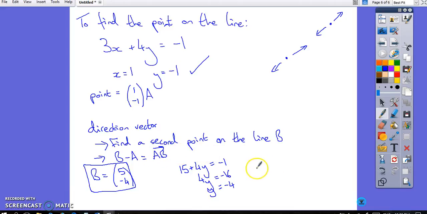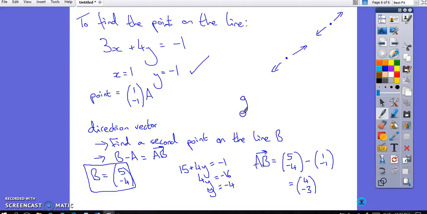Then we know that the vector from A to B is B minus A, so we have (5, -4) minus (1, -1), which gives us (4, -3), which is a perfectly acceptable direction vector.